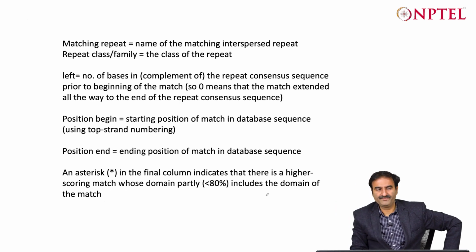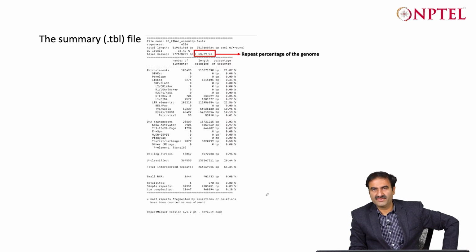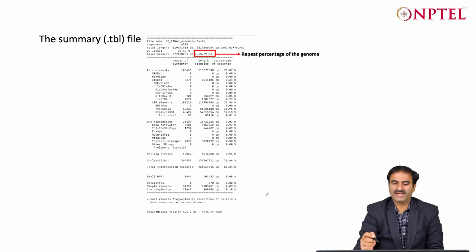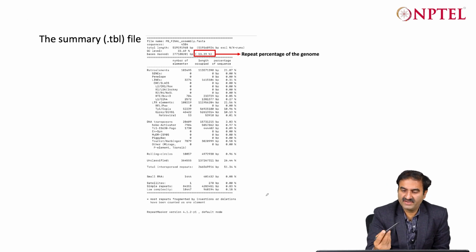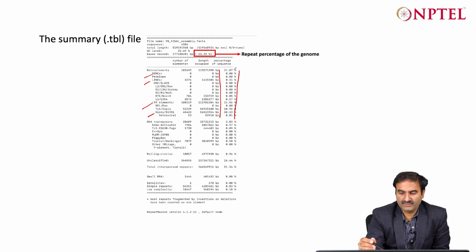And basically the default output is an acceptable output, and it also gives you a summary table, where it tells you, for the different elements we have just seen in the quick review of repeats in this class, like SINEs, LINEs, LTRs, Gypsy, how many bases they are occupying in the genome and their relative percentage, like 21% or 10%, right.